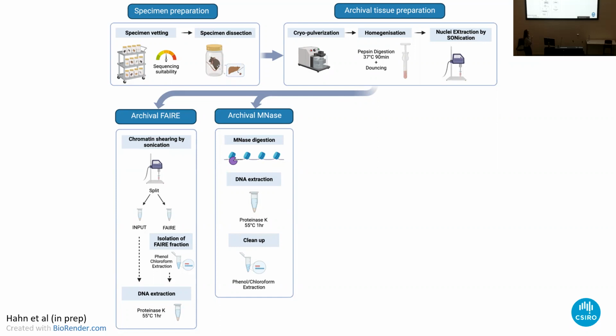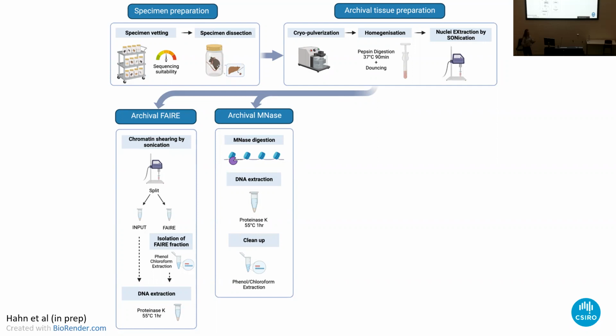Then we put it through a phenol-chloroform extraction, where the locked-up tight stuff is meant to go into the organic phase and the open stuff into the aqueous phase. With the micrococcal nuclease assay, it was mostly optimization around digestion time: how long you leave the enzyme in with the tissue and how much of the enzyme you use.